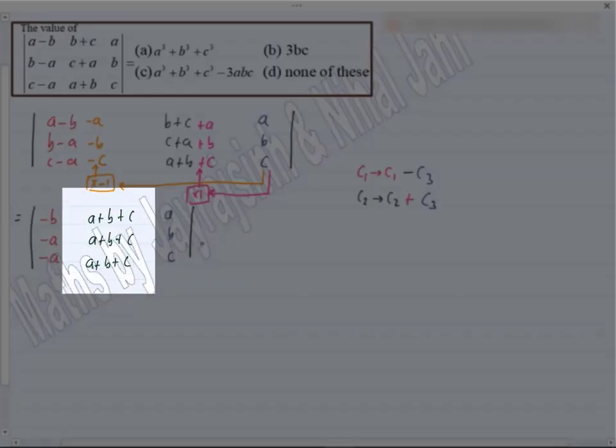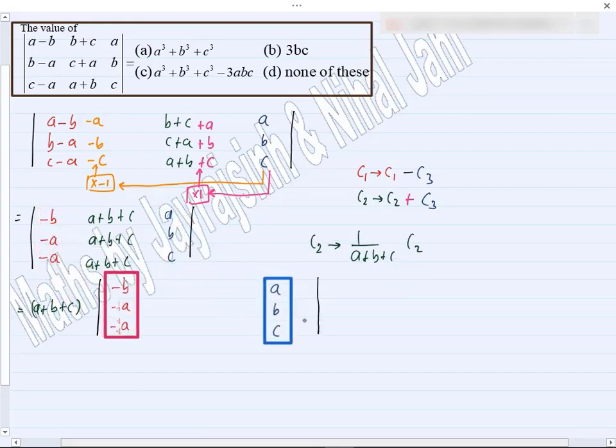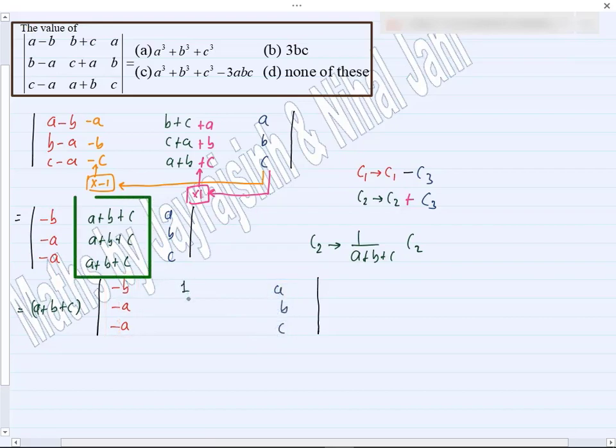Now you can easily take a plus b plus c out of the second column. So if we are dividing the second column by a plus b plus c, you have to multiply the determinant by a plus b plus c. So our first and third column will be as it is and the second column will be 1, 1 and 1.